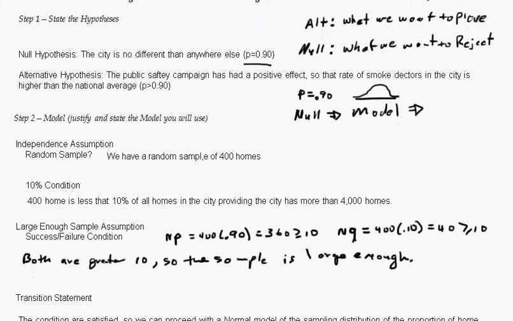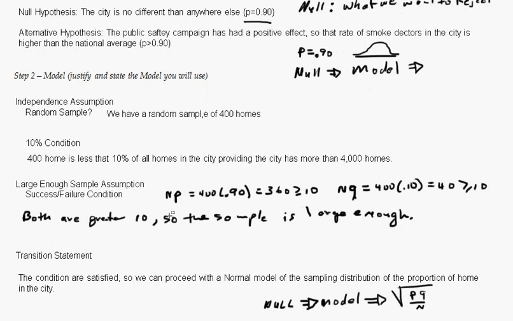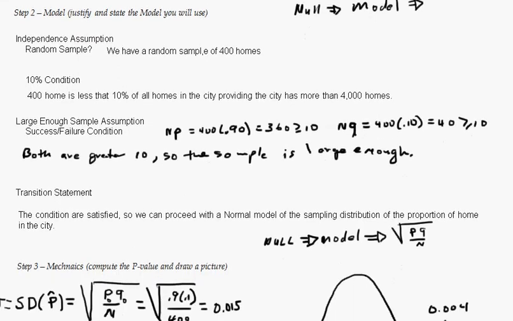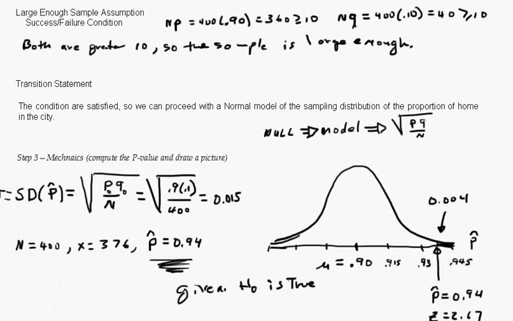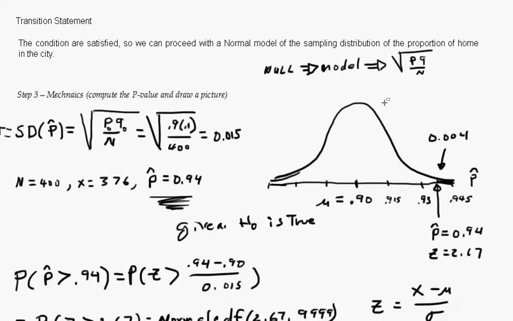So that is higher than the national average. We checked the conditions, and they're sufficient to use a normal model. So what we did was we created a normal model of what we would expect the sample statistic to be, 0.94. It should be somewhere within 3 or at least 2 standard deviations from the mean.